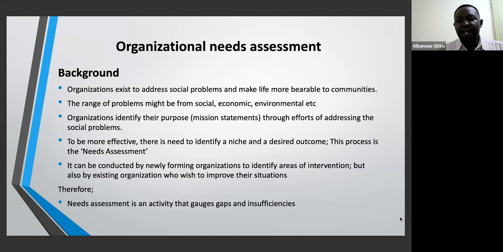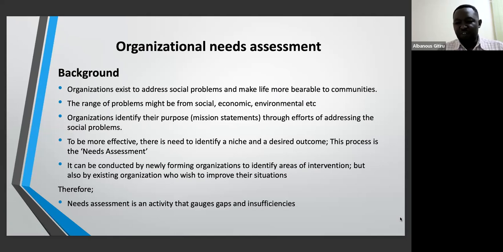And the organization now needs to identify their purpose. In organization development, the purpose of the organization forms part of the mission statement. And when you're trying to address a social problem, that social problem is where your organization mission statement emanates from.